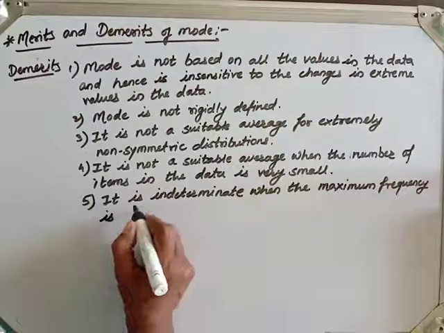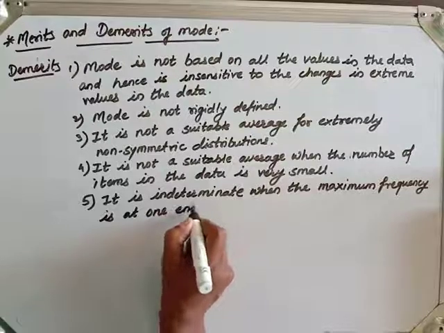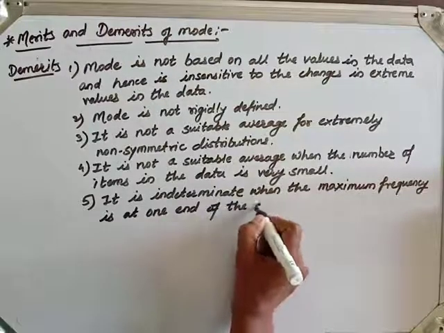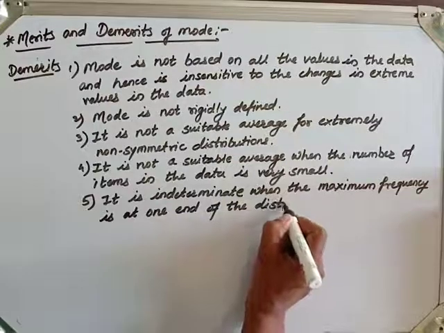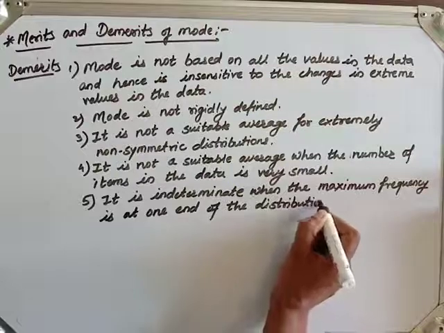Already we have written a remark for this, that the maximum frequency is at either the first class or the last class of the distribution. Then we are not able to determine the mode. Why is that? I had explained it before.